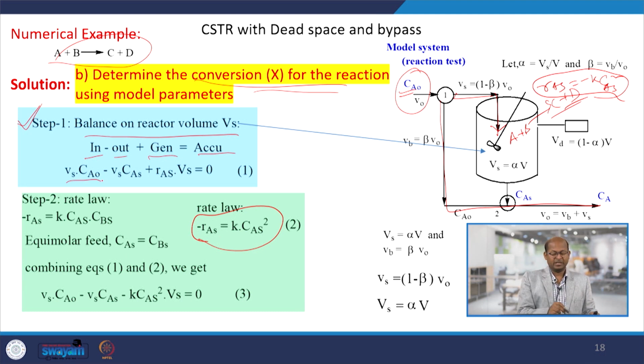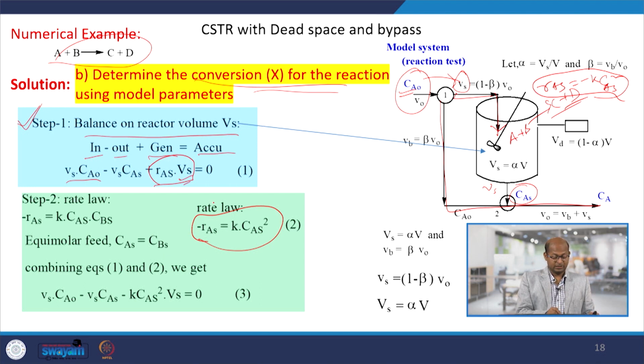Input equals Vs into Ca naught, and output equals Vs into Cas. Rate of generation equals the rate of reaction, minus rAS into Vs, and accumulation is 0.